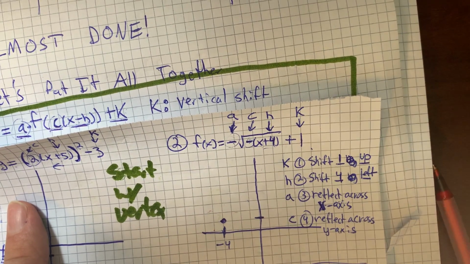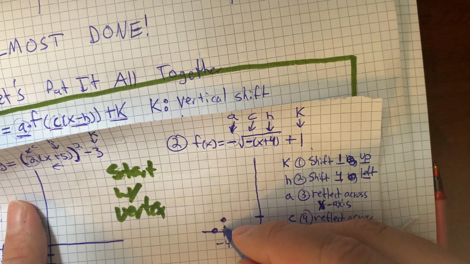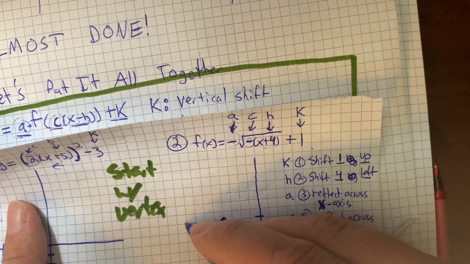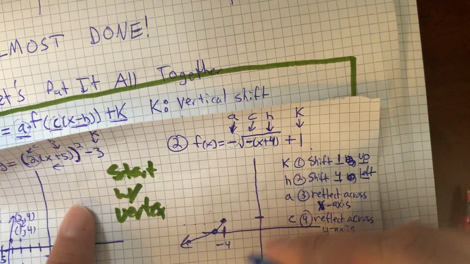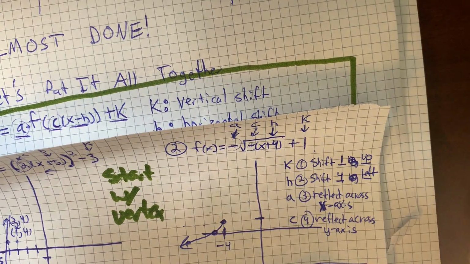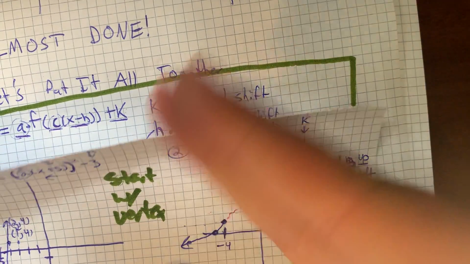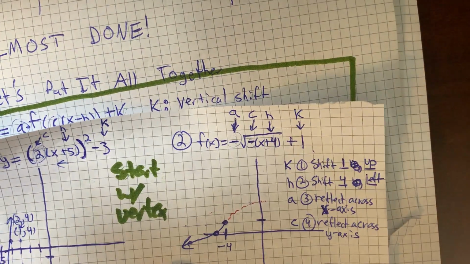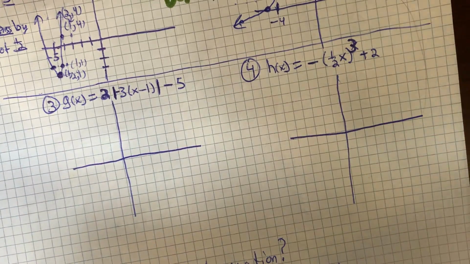And so what our graph will look like is this. So it can go left 1, 2, 3, 4, and down by 2. Notice that it got both from the parent function, which would normally look like this, it got reflected vertically and horizontally.